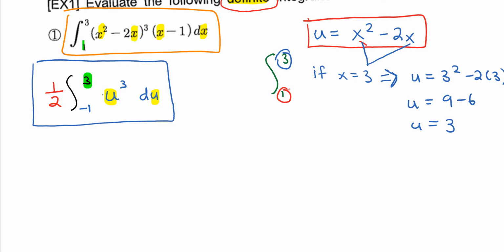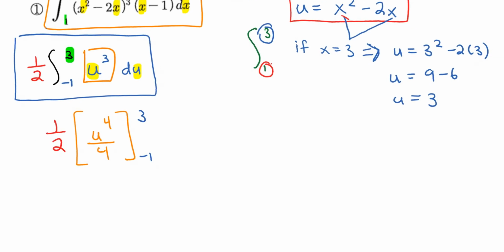Okay, so let's go ahead and evaluate my antiderivative now. If I take a look at u to the power of 3, the antiderivative of that is u to the power of 4 divided by 4, evaluated from negative 1 to 3. And the 1/2 can just remain on the side there. Now we can use the fundamental theorem of calculus where the upper bound goes into the variable first.